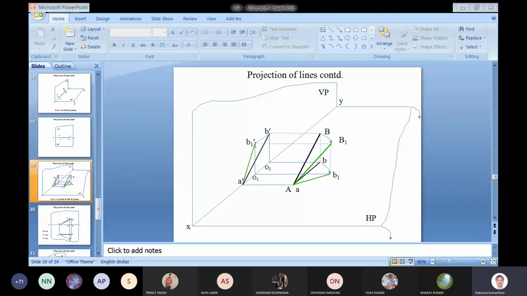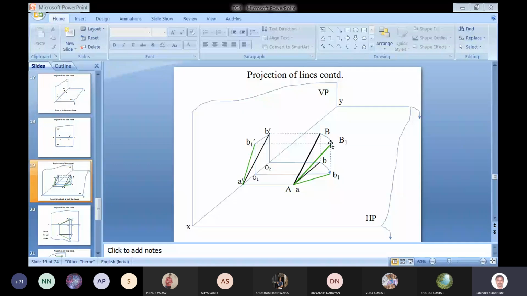So now we have two projections. One is on the horizontal plane, that is a b1, and on the vertical plane the projection is A dash B1 dash. These two projections are of the line AB1, the line which is inclined to both the planes.